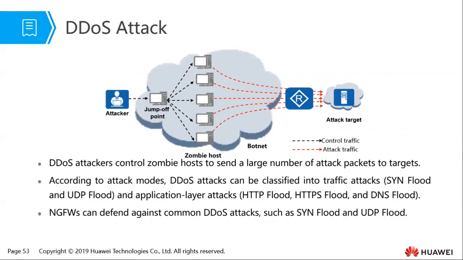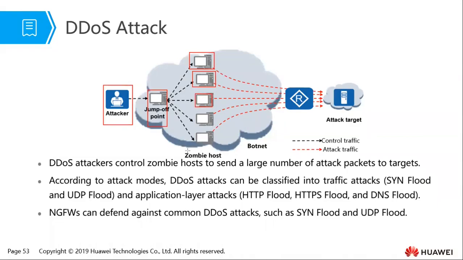So with the distributed denial of service attack, what the attacker does, so this is the attacker. The attacker hacks a computer in your network, then uses it to attack other computers.